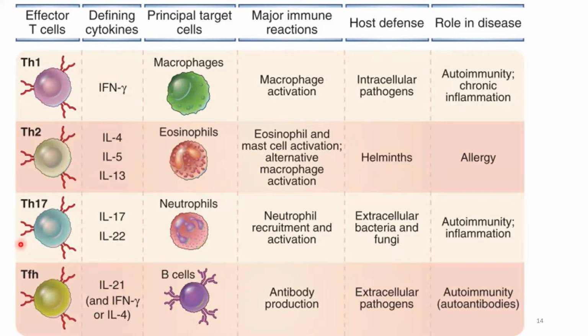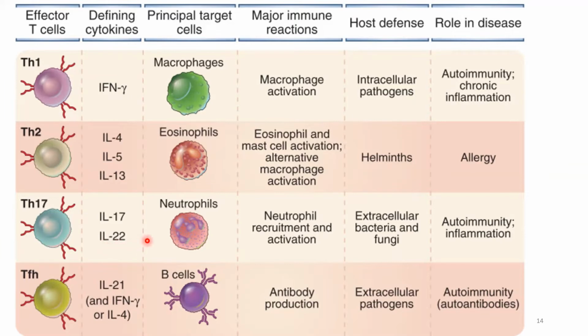The most important T helper that plays a role to clear bacteria is T helper 17. They name T helper 17 according to the interleukin 17 that these T cells secrete. And T helper 17 also secretes interleukin 22.